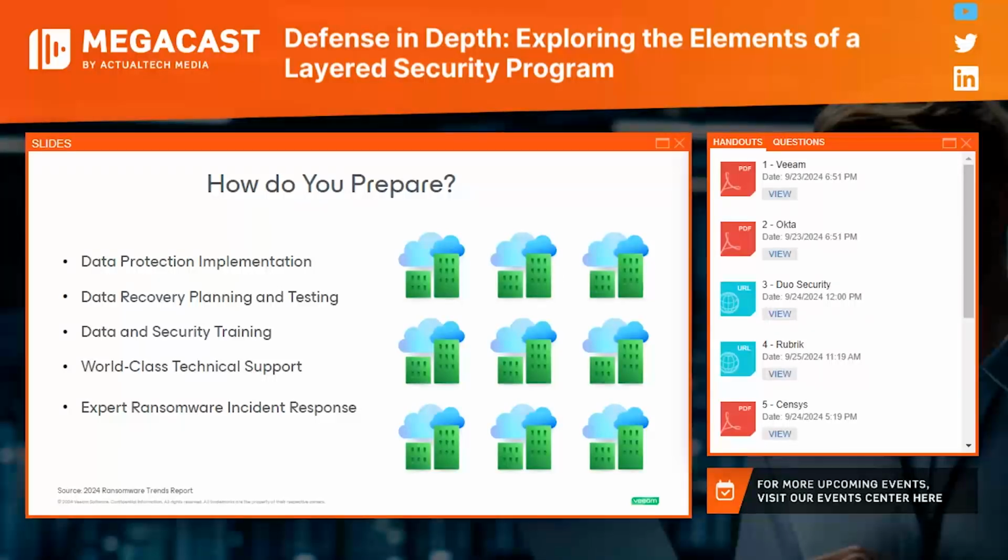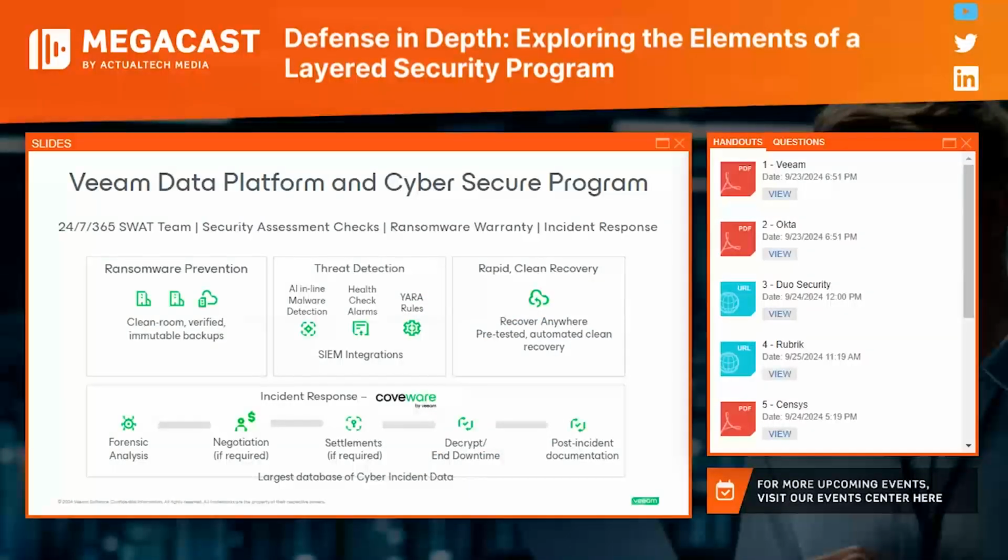Obviously, you have to have world-class technical support, someone to back you up or help you when you need it. And then the last piece there is expert ransomware incident response, and I'll talk to you more about that. That's a very, very important piece. And with the numbers that I just presented, you say, well, look, let's do everything we can on our defenses, but if it happens, let's be ready with that backing.